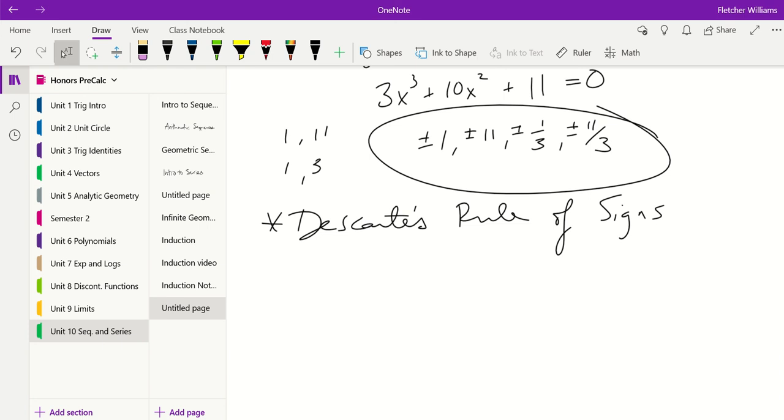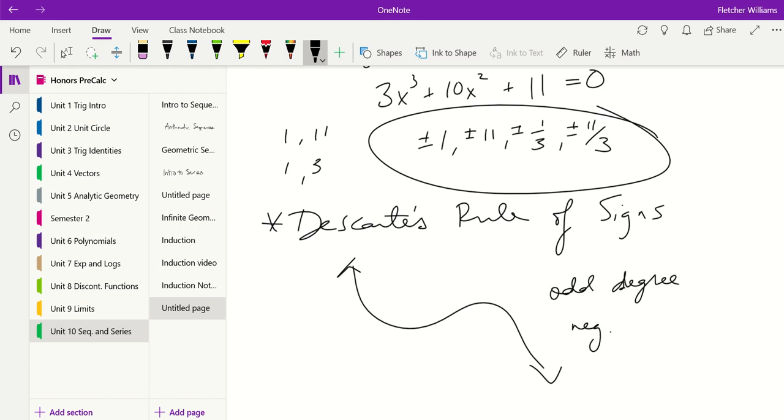Topic number 3, exponentials and logs. Yes, Dylan. So if it's like this, is that an odd negative? You're saying if it's like this, is that odd degree negative? Yes, odd degree, negative leading coefficient.